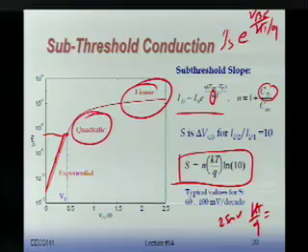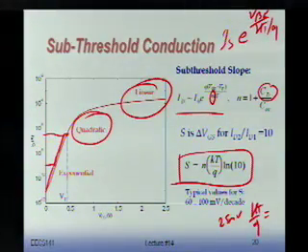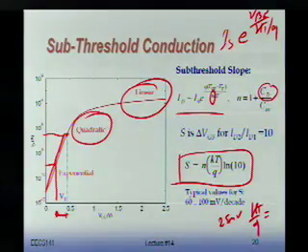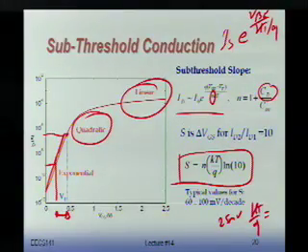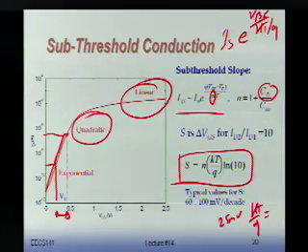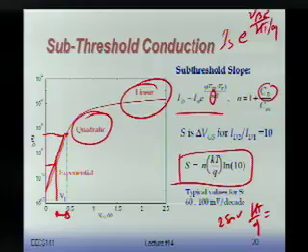I want to go from here, which is about 5 times 10 to the minus 10, to somewhere up here. What is the reduction in VGS that I need to enable that reduction of 10 to happen? Okay? So how much do I have to drop VGS to get a reduction of 10 in leakage current? Okay? For an ideal bipolar device, this is 60 millivolt.